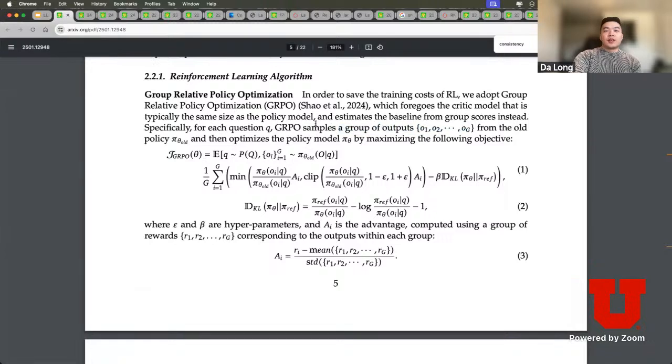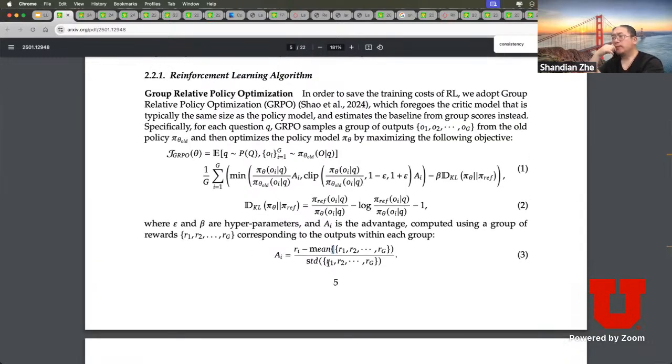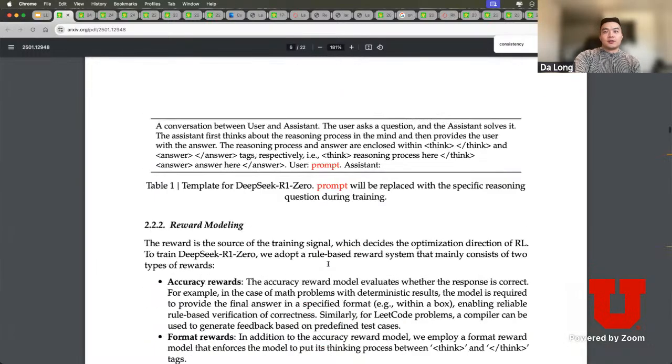And then to calculate one output over the average output, they just do the average and subtract. Here, the r_i minus the mean, divided by the standard deviation, and they get the advantage. So that's it. That's their first version. Yeah, this is the V0, the first version.